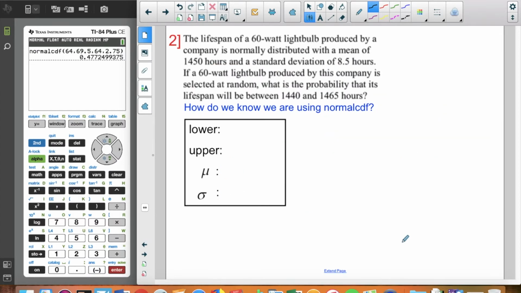All right, moving on. The lifespan of a 60-watt light bulb produced by a company is normally distributed, super important, with a mean of 1,450 hours and a standard deviation of 8.5 hours.